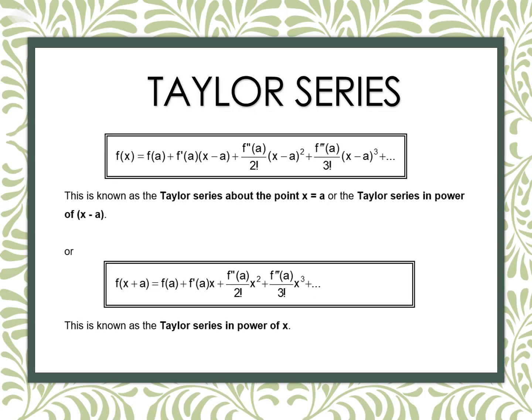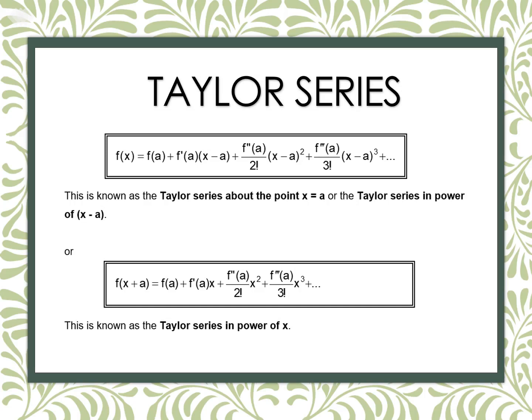There are two formulas to be used for this series. The first formula is known as Taylor series about the point x equal to a, or the Taylor series in power of x minus a, in which the function of f(x) is represented as f(a) plus f prime a multiplied with (x minus a) plus f double prime a over 2 factorial multiplied with (x minus a) squared plus f triple prime a over 3 factorial multiplied with (x minus a) to the power of 3 plus so on.